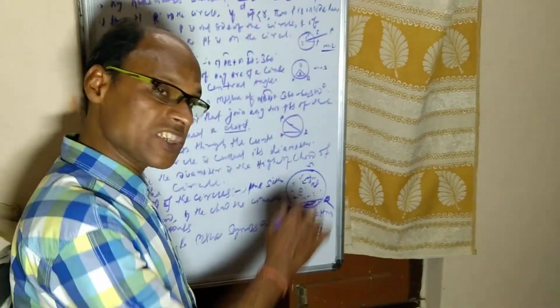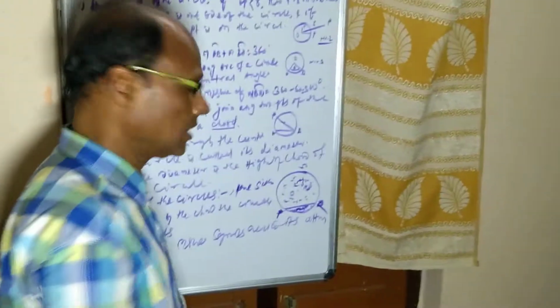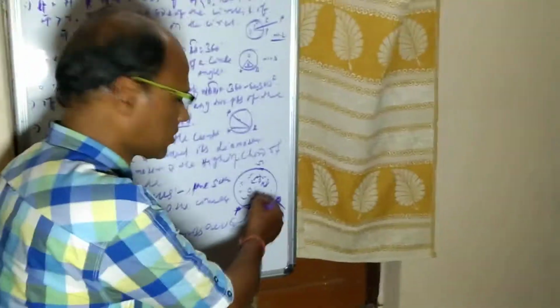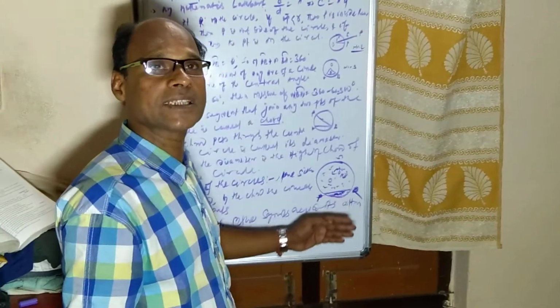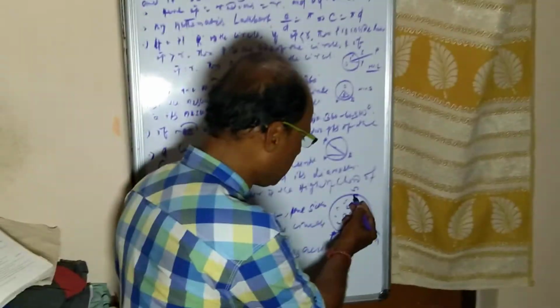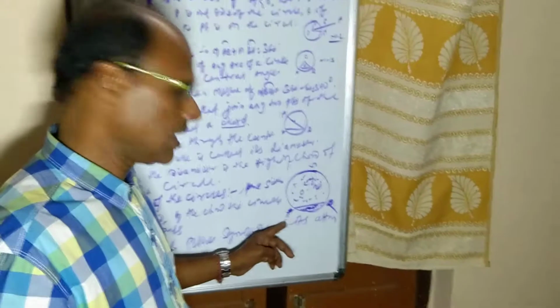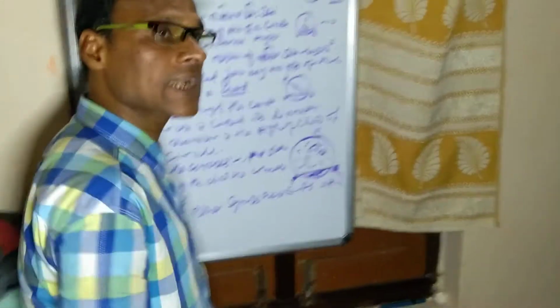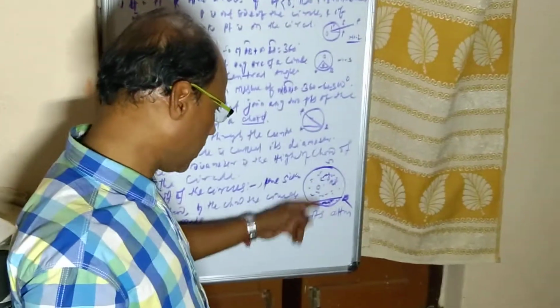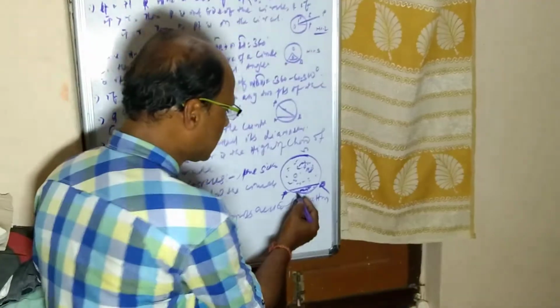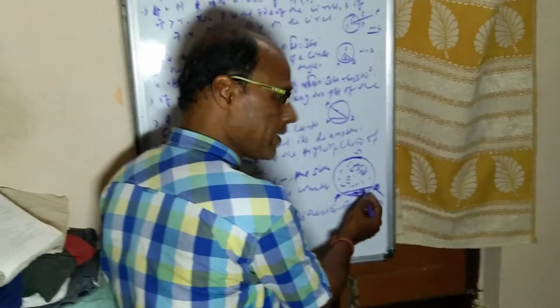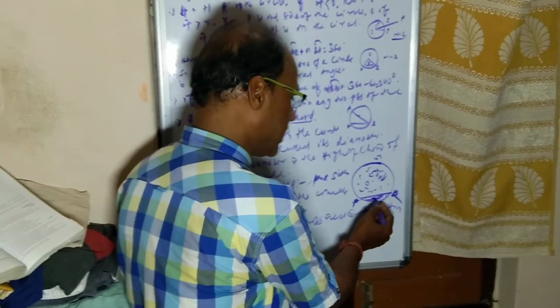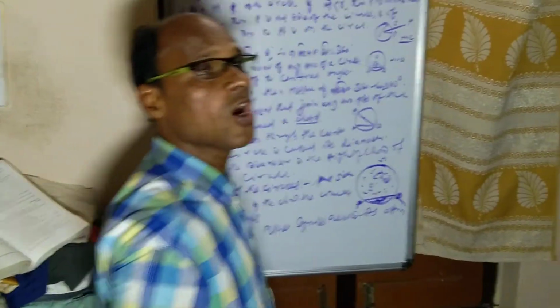When a circle is divided by a chord, the parts are known as the segments of the circle. Here there are two segments: the minor segment and the major segment of the circle.